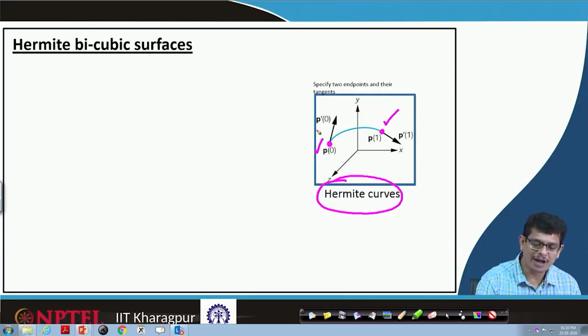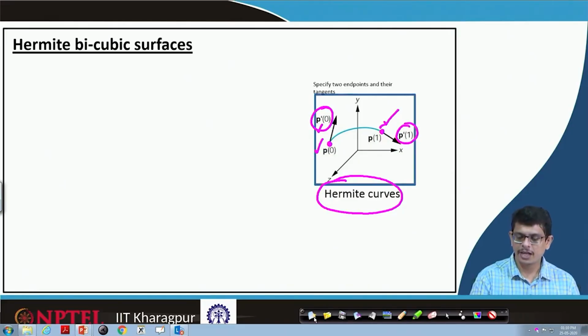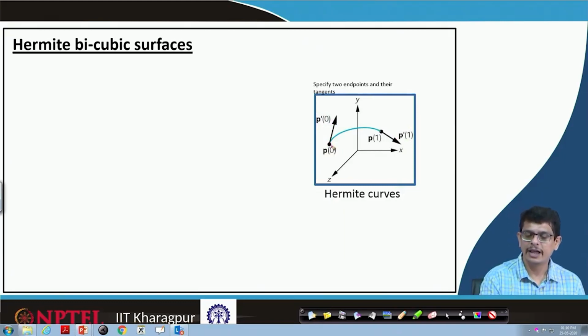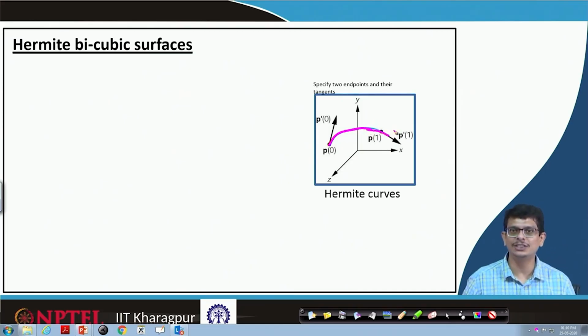And similarly, we have information about the tangent at P naught, which we are representing as P naught prime. Similarly, the tangent at P1, which we are calling P1 prime. If we have this information, we can interpolate based on those tangent informations and point information, and a smooth curve passing through that, we call Hermite curves.